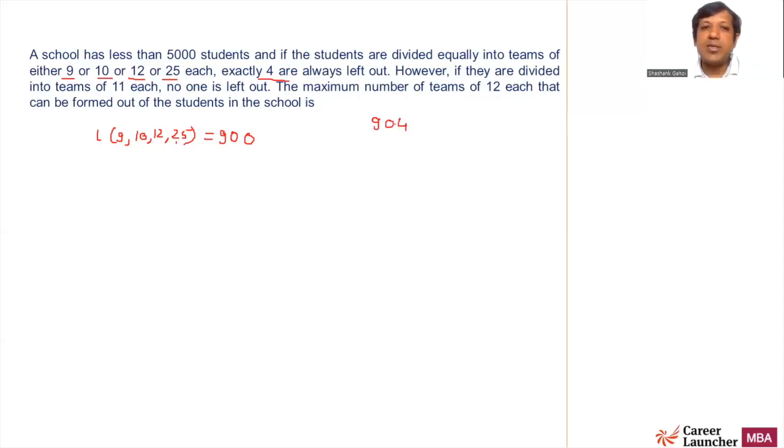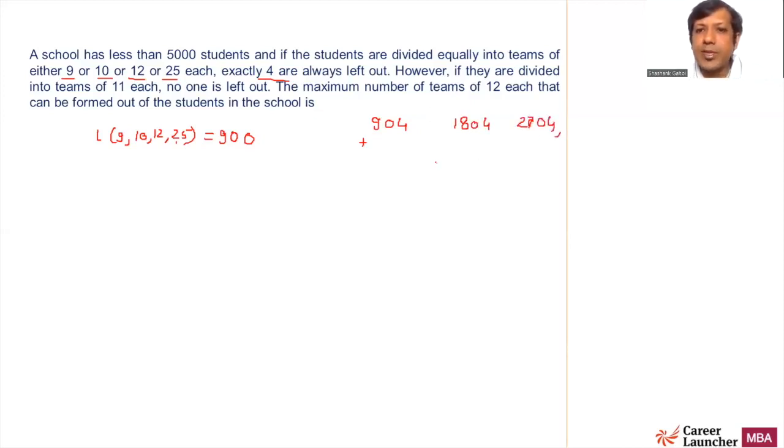Now, to find other values, we just keep on adding the LCM again and again. We keep on getting newer values. The first value is 904. If I add 900 again, I get a newer value, 1804. The next value comes out to be 2704.